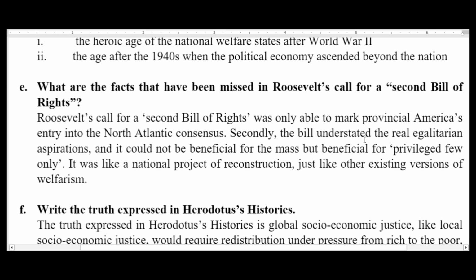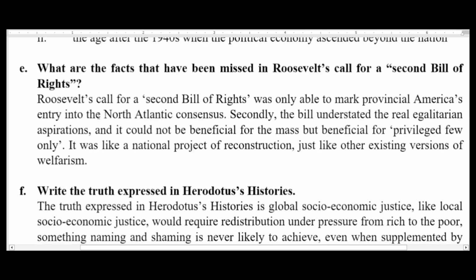Secondly, the bill understated the real egalitarian aspirations, and it could not be beneficial for the masses but beneficial for a privileged few only. It was like a national project of reconstruction, just like other existing versions of welfarism.